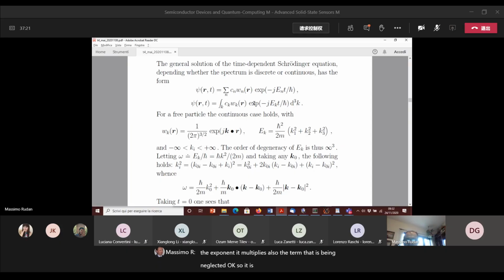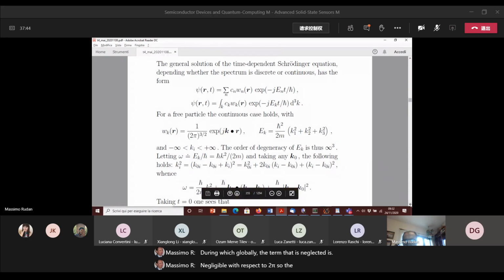Since it multiplies everything in the exponent, it multiplies also the term that is being neglected. So it is necessary that we carefully apply the approximation only for the duration of time during which globally the term that is neglected is negligible with respect to 2 pi.